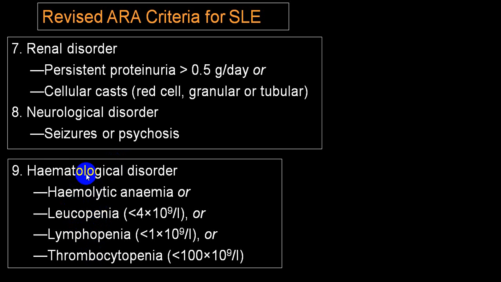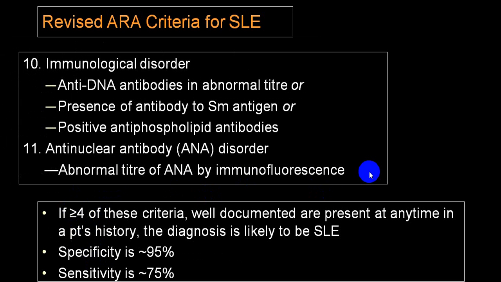So this is involving the hematological system. As far as immunology is concerned, ANA will be positive, anti-DNA will be positive, and anti-Smith antibody you will be able to detect. Even positive anti-phospholipid antibody.